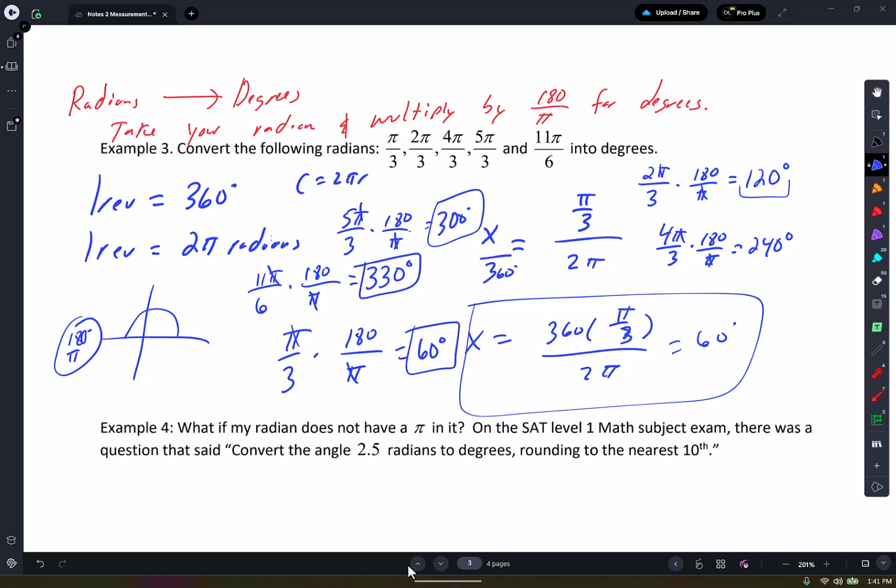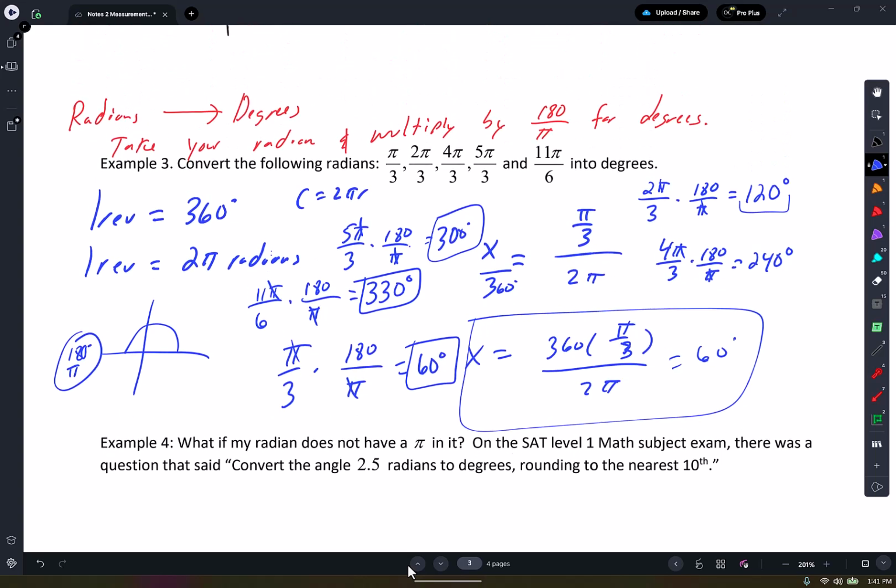We got them all. So when you're going from radians to degrees, what do you do? Multiply by 180 over pi. There you go. When you're going from degrees to radians, you can say divide by 180 over pi, which is the same thing as multiplying by pi over 180. Should I put that already down somewhere?